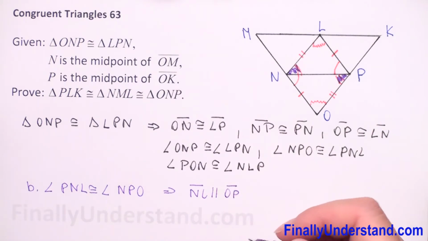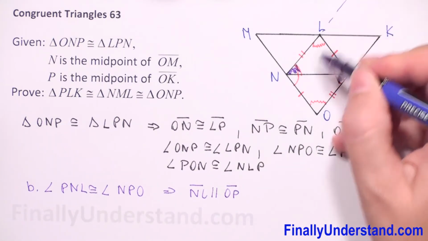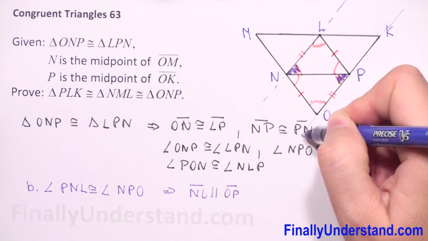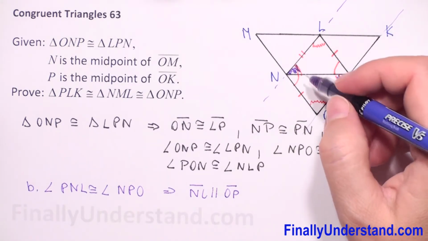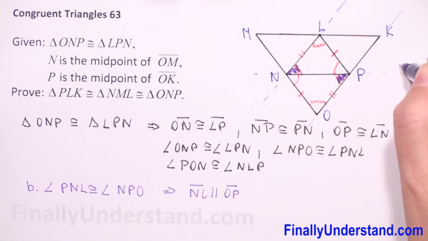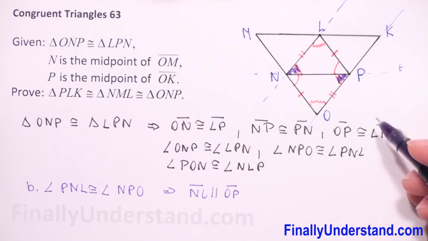How did I get this? If you extend this, two lines are cut by a transversal, this is our transversal T, for example, so the alternate interior angles are congruent.